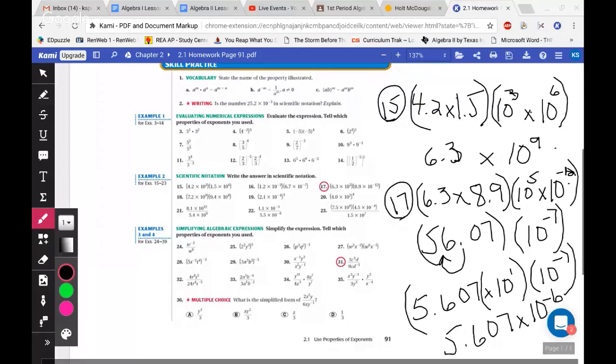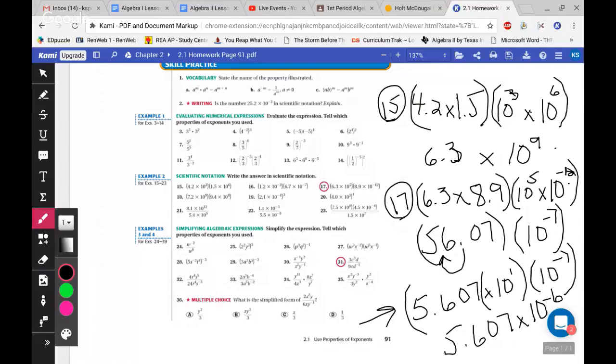your adjustment, it's this line. Let me go back to here. It's this line right here, which is kind of messy, but this is where I've added. Basically, when I move it here to the right, I would be multiplying 5.607 by 10 to the first in order to make 56.07.